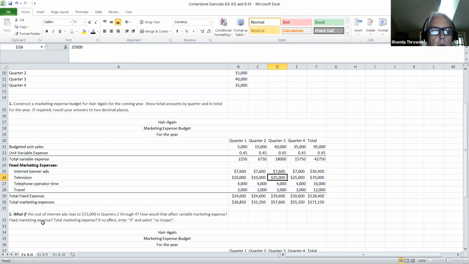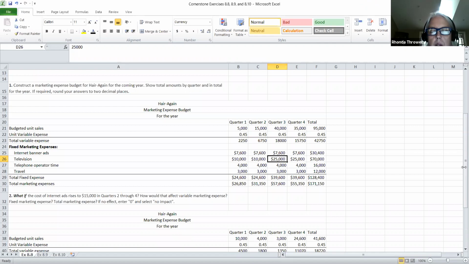Now, in the second part of this, they give you a what if analysis. And they say, what if the cost of the internet ads rises to 15,000 in quarters 2 through 4? So what we have to do is we'll have to change the internet ads. It stayed the same in quarter number 1, but in quarter 2, the internet ads are going to increase here to 15,000.